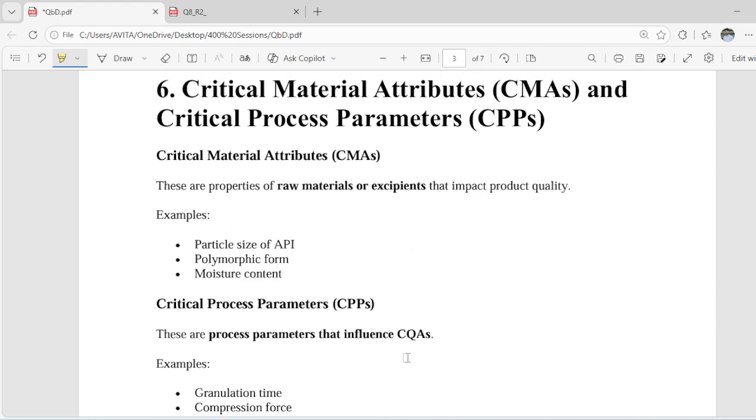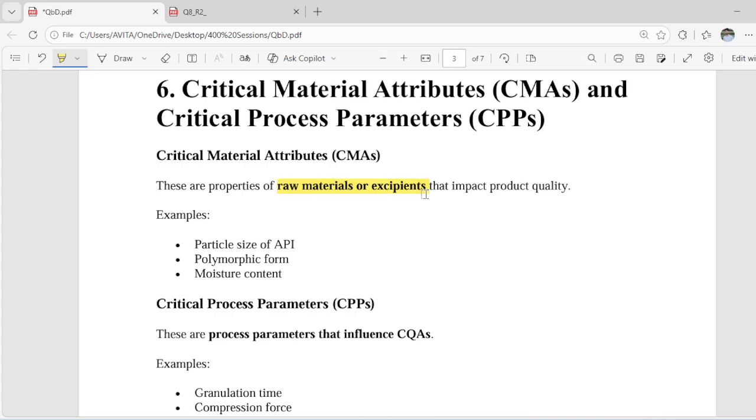Moving on to the third important aspect, that is the critical material attributes as well as the critical process parameters. First we'll talk about the critical material attributes. These are the properties of raw material or the excipient that impact the product quality.